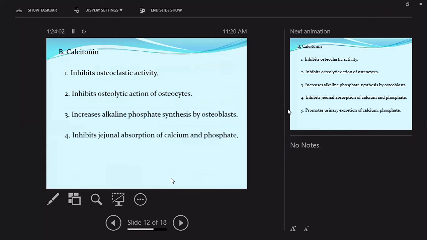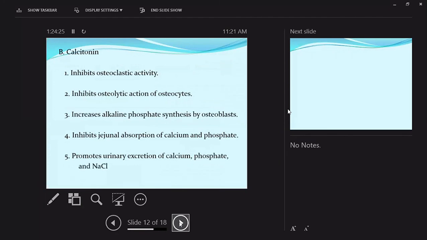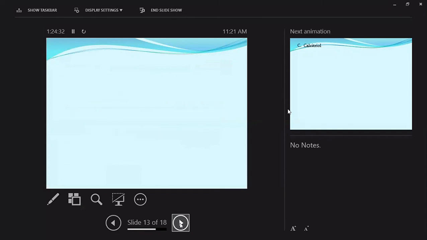It inhibits jejunal absorption of calcium and phosphate. It promotes urinary excretion of calcium and phosphate, and sodium chloride.